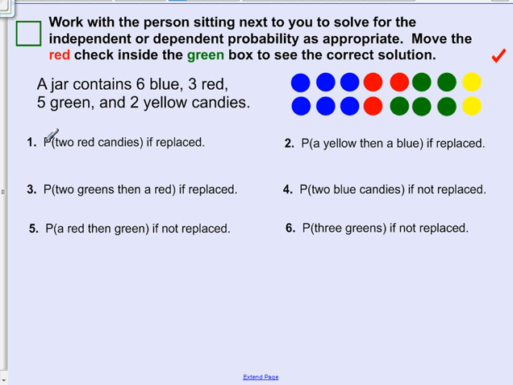It'll say the probability, P parentheses, blah, blah, blah, if replaced. That means the probability of choosing two red candies if I put the candies back. This one is the probability of getting a red candy, then a green candy if I don't put the candies back. Pretty self-explanatory. Come in with any questions that you may have about independent or dependent probability.